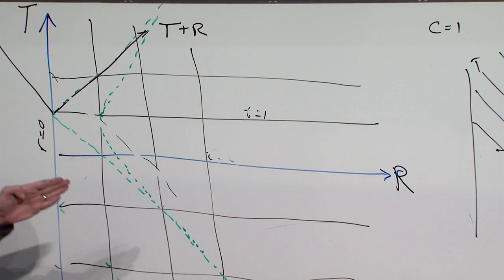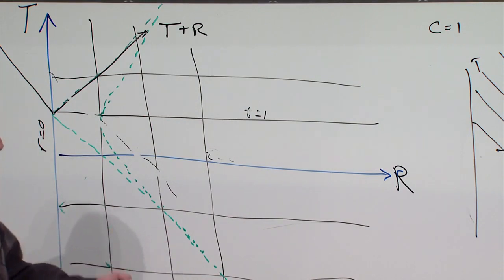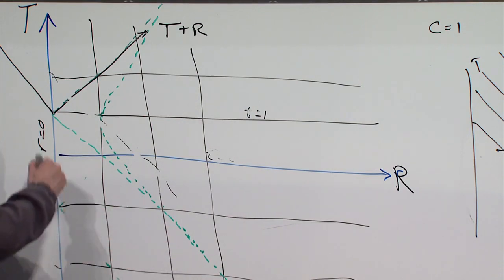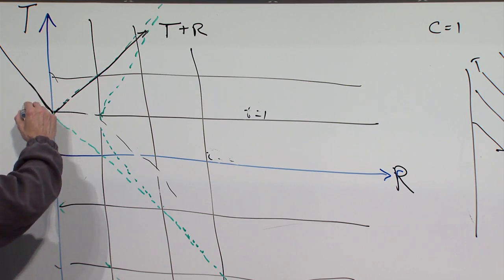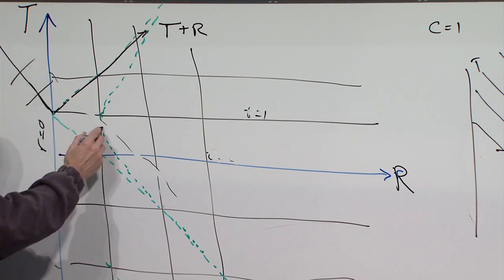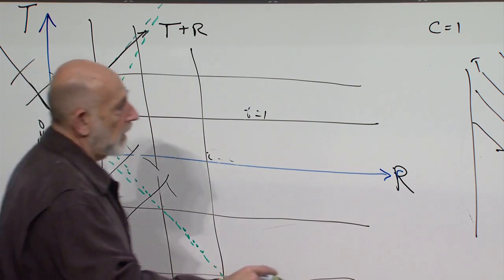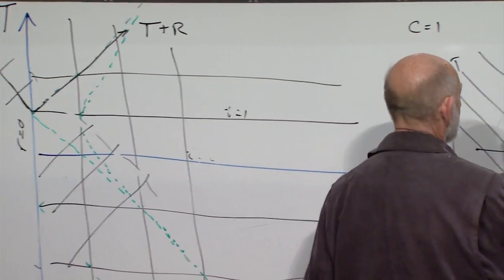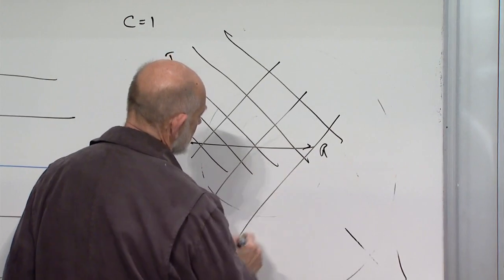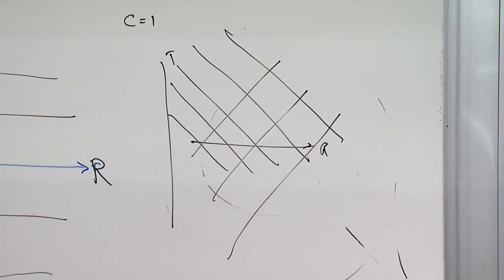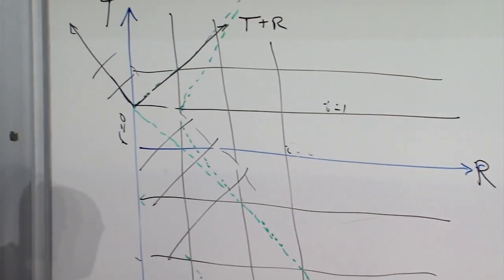Okay, so there's t plus r, and of course, there's also t minus r. For t minus r, the lines look this way. But really, we're only interested in this half over here. So the lines of constant t minus r look like that. These are useful coordinates, as we'll see.